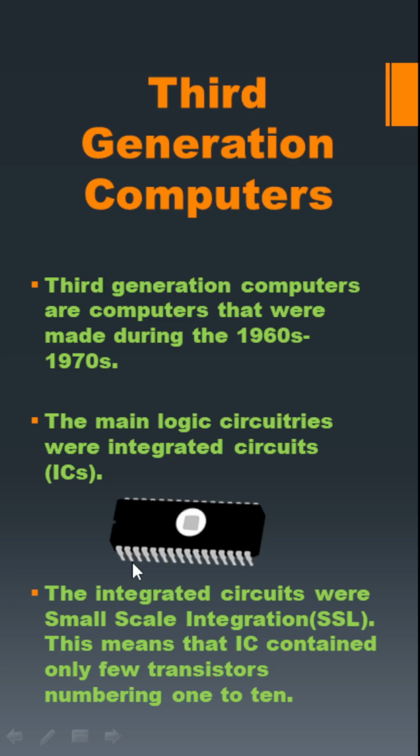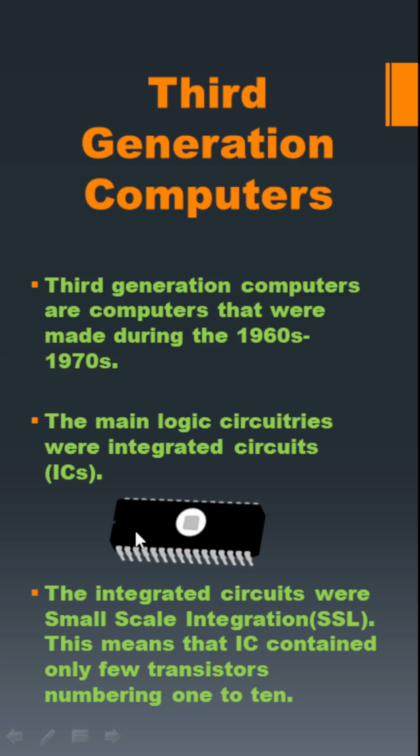From the first generation, the main logic circuitries were vacuum tubes, so the first generation computers can also be referred to as vacuum tube computers, while in the second generation the transistors were the main logic circuitry, so the second generation computers can also be regarded as transistor computers.